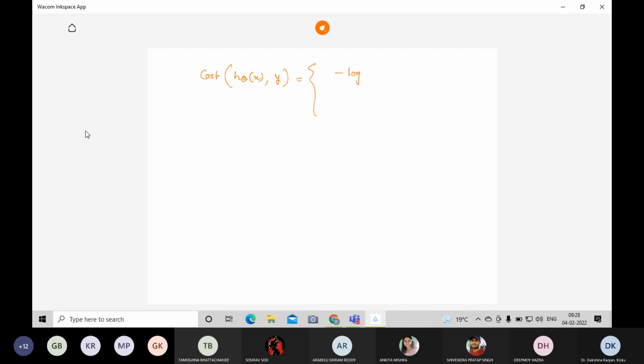One is minus log of h theta x, when y is found to be 1, when the class level is positive or 1. And when y is found to be 0, we get minus log of 1 minus h theta x.